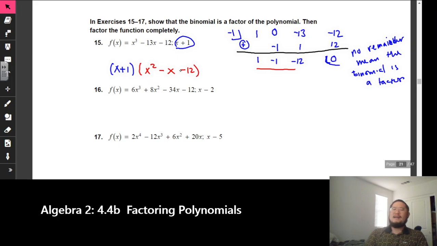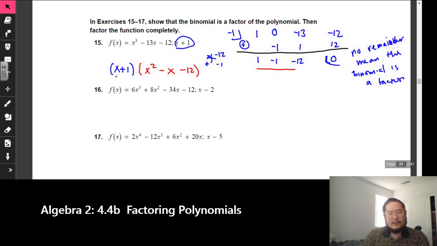Now, they asked us to factor completely, so you can't imagine this being our answer, right? You want to make sure you check. Let's figure out, are there factors of -12 that add up to -1? Looks like -4 and +3 work, right? -4 times 3 is -12. -4 plus 3 equals -1, our middle term.